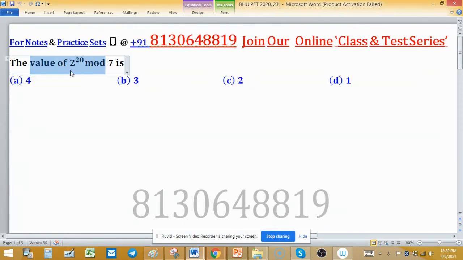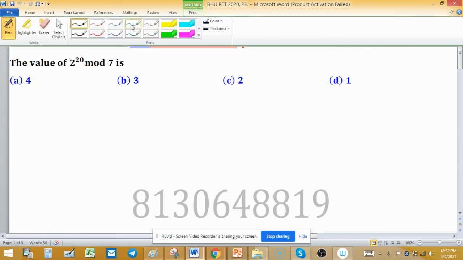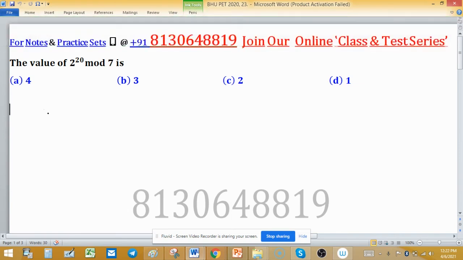The value of 2 raised to the power 20 mod 7 is, sometimes this type of question is asked: what is the remainder when 2 raised to the power 20 is divided by 7? What is the remainder?